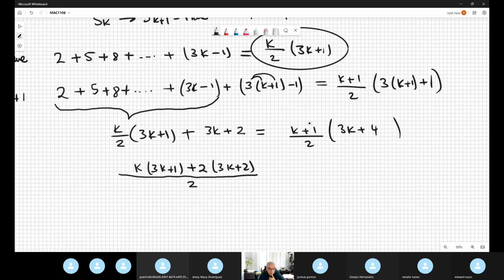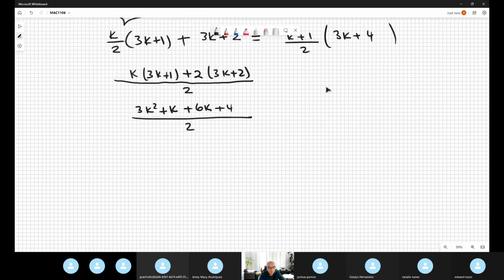Now, distribute the property one more time. 3k squared plus k plus 6k plus 4 divided by 2. Why not? Combine later. It's 3k squared plus 7k plus 4 over 2. And for the moment, stop.